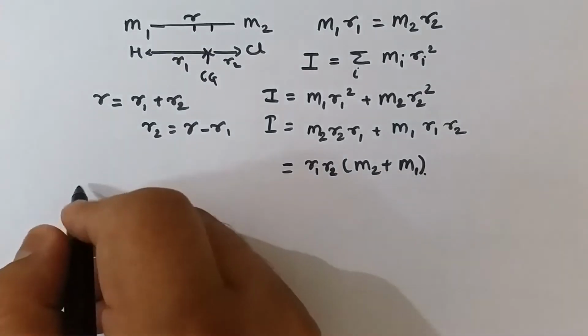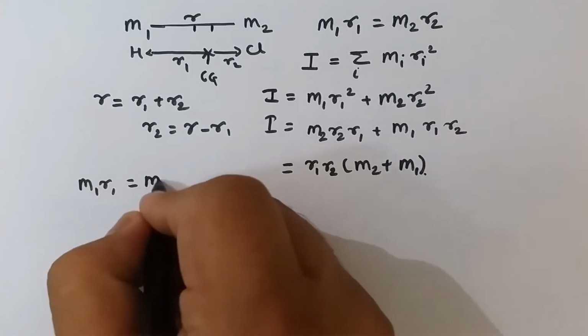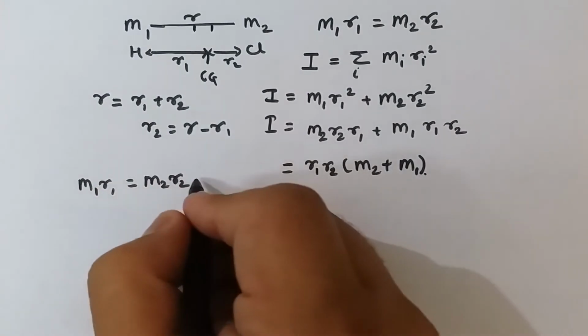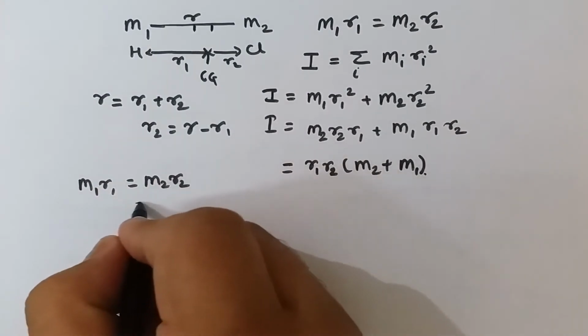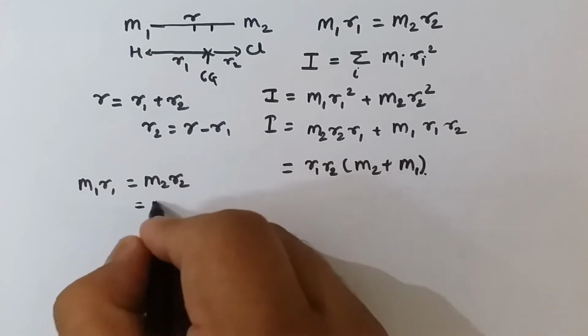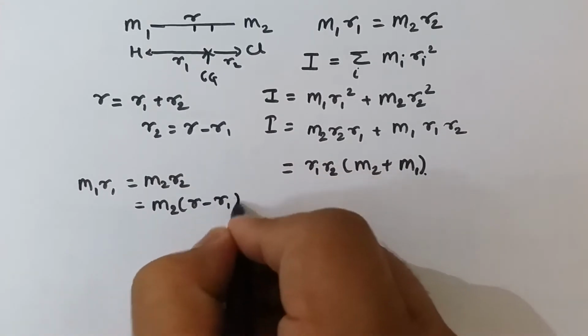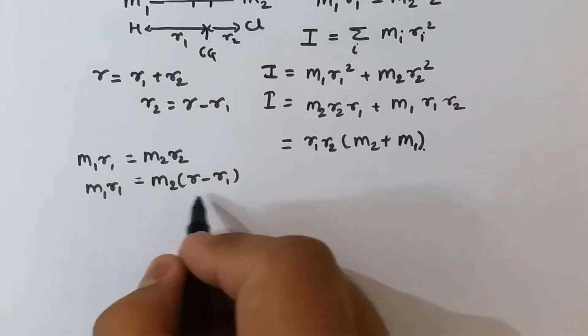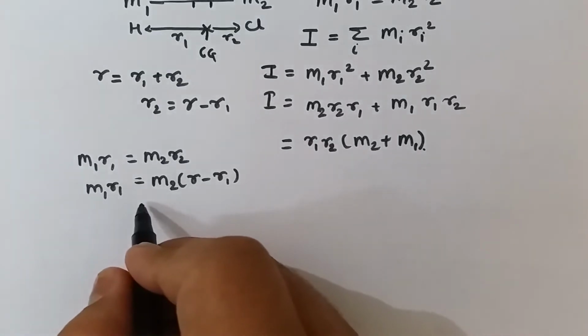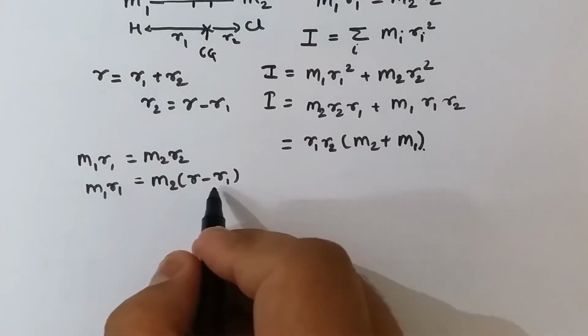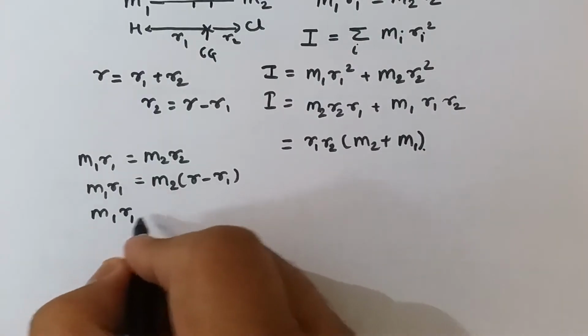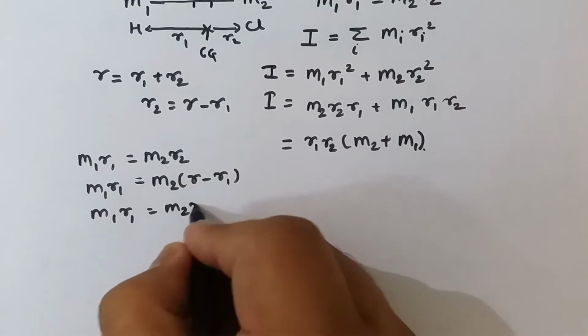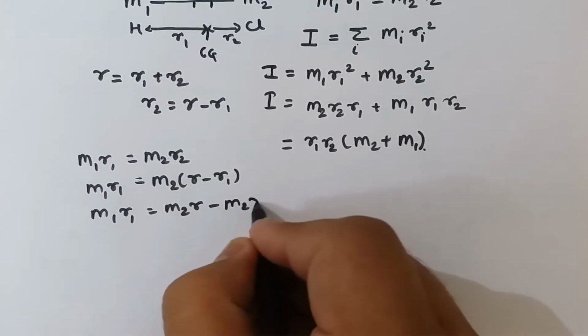Now further we know that m1 r1 is equal to m2 r2, and in place of r2 we can substitute r minus r1, so m1 r1 is equal to m2 into r minus r1. If we rearrange this representation in terms of r1, then I will have m1 r1 is equal to m2 r minus m2 r1.